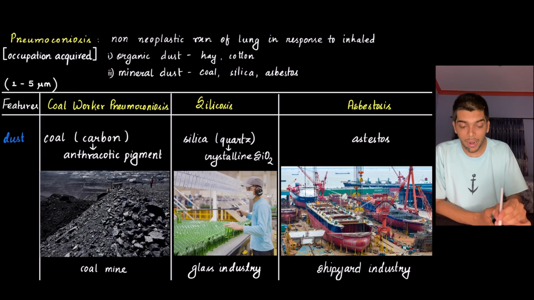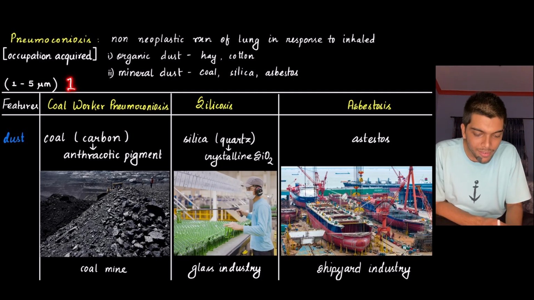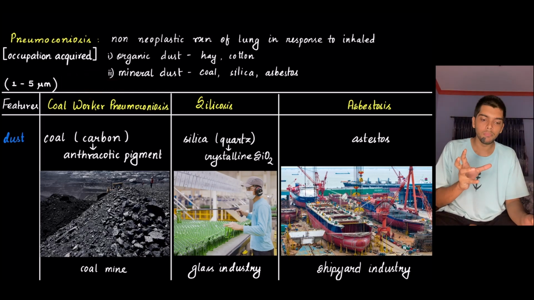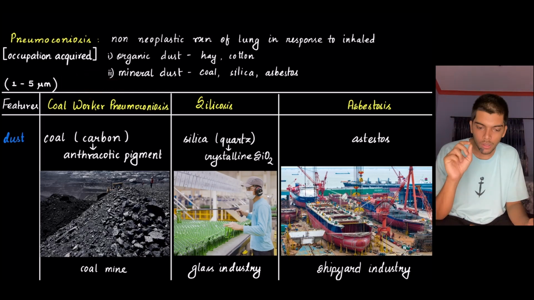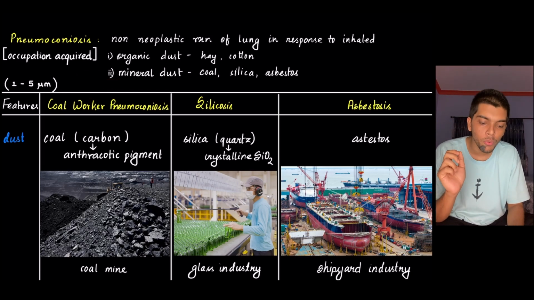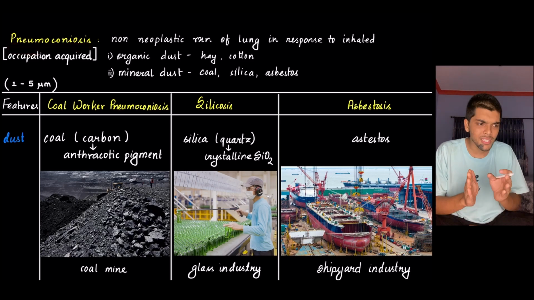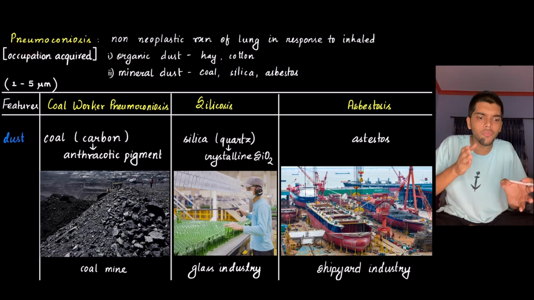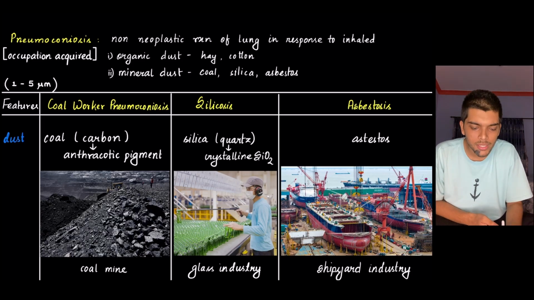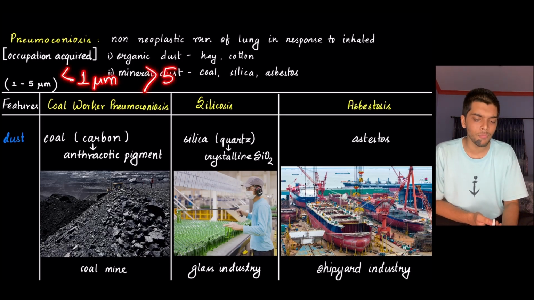It is the dust particle of size 1 to 5 micrometer in diameter that is most responsible for causing pneumoconiosis. Why this particular value? What if the dust size is less than 1 micrometer? Or what if the dust size is greater than 5 micrometer?